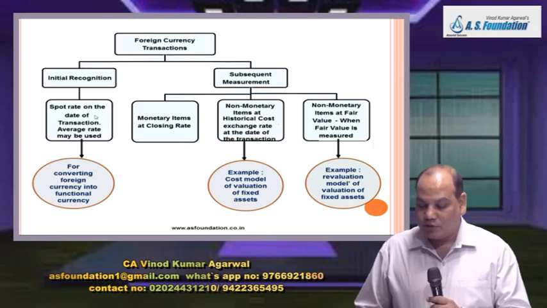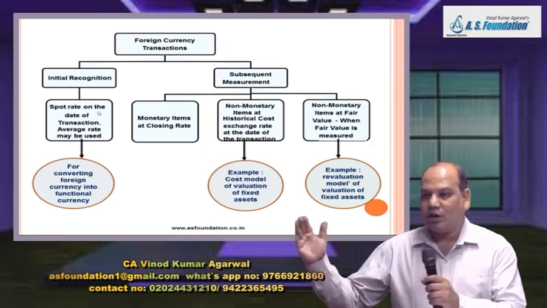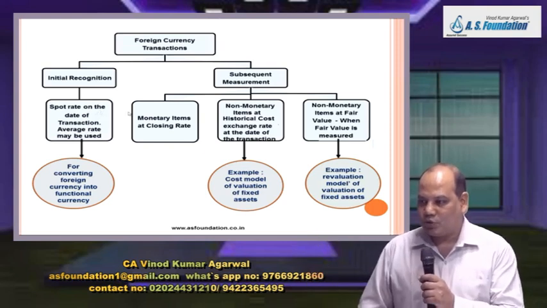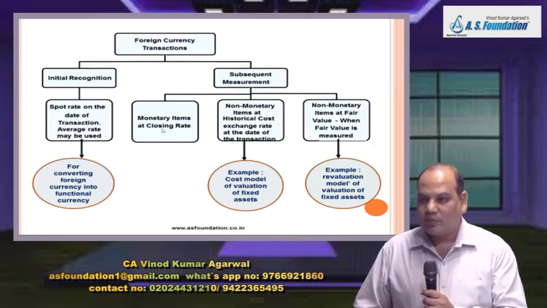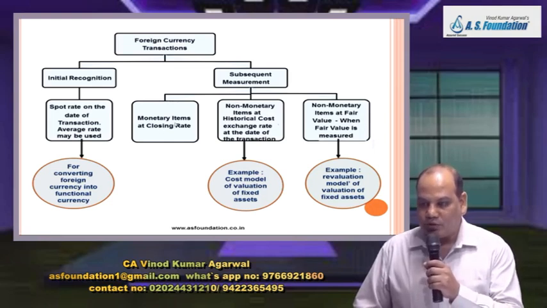You may have purchased inventory in foreign currency. So those items are now appearing in your SOFP. So what will you do? Divide assets and liabilities first into two categories, monetary and non-monetary.